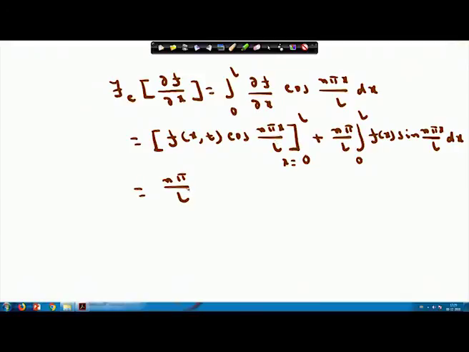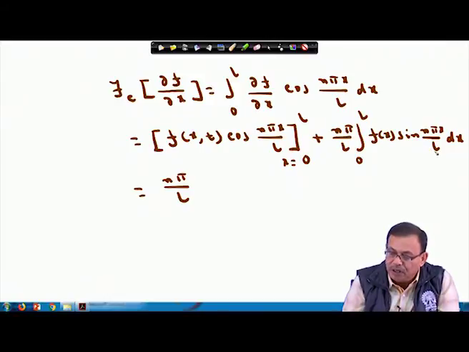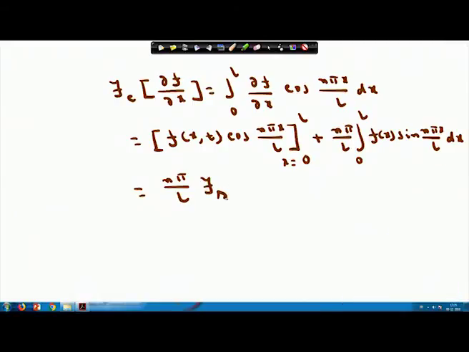This will be equal to n pi by L into the integral from 0 to L of f x sin n pi x by L dx, which is nothing but the finite Fourier sine transform of f x. So you can write this as the finite Fourier sine transform of f of x t minus, if I put the lower limit, f of 0 t, this part is 1.